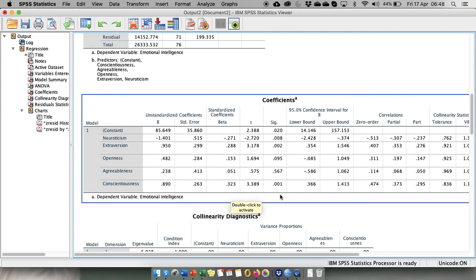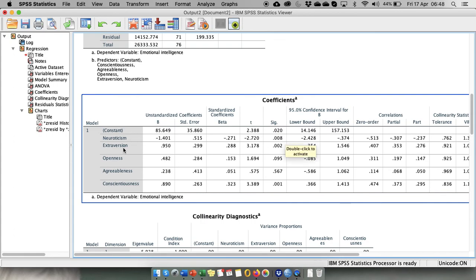What we see in here is that neuroticism negatively affected trait emotional intelligence. In a way, the increase in neuroticism results in a 0.271 decrease in trait emotional intelligence, and it's significant.